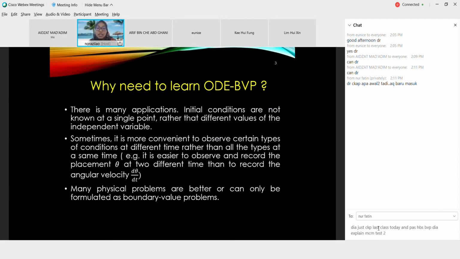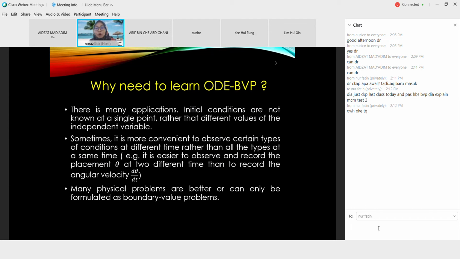You only know the condition at the initial point, but the problem for initial does not let you know the specific location, because the initial value problem has limitations of analysis.